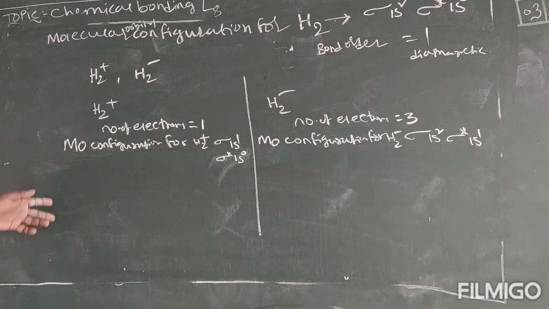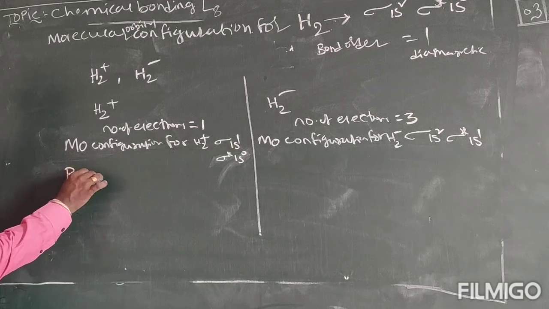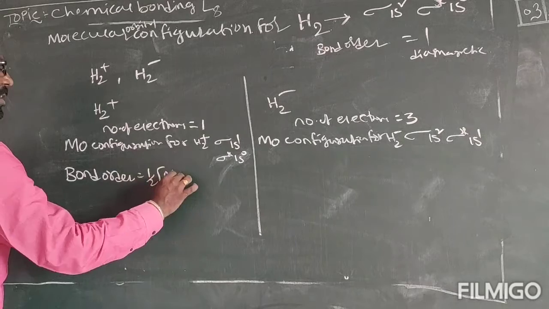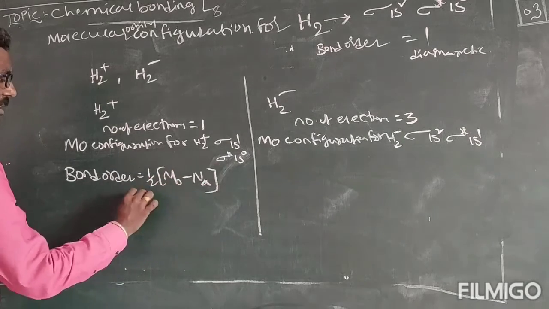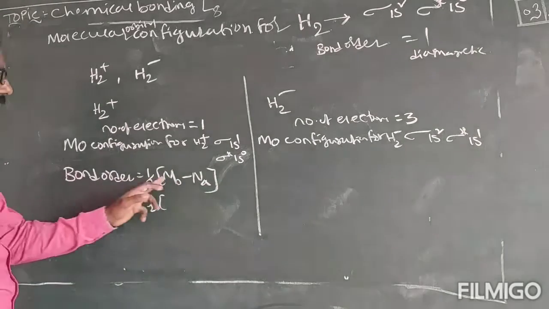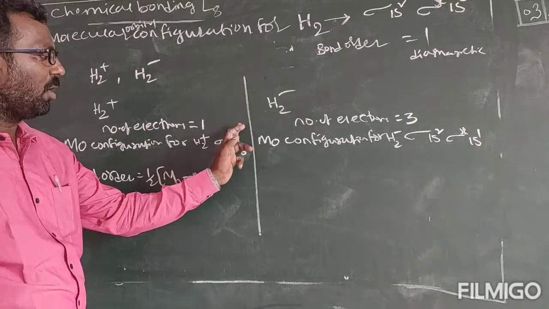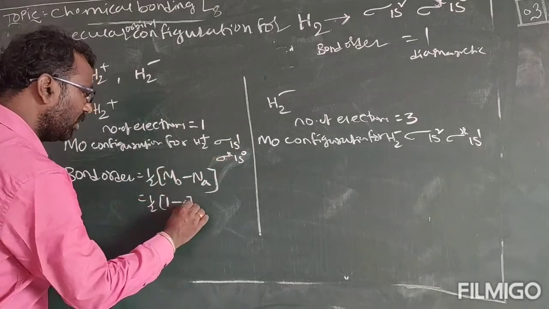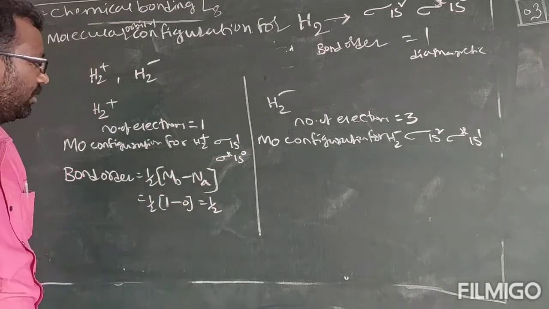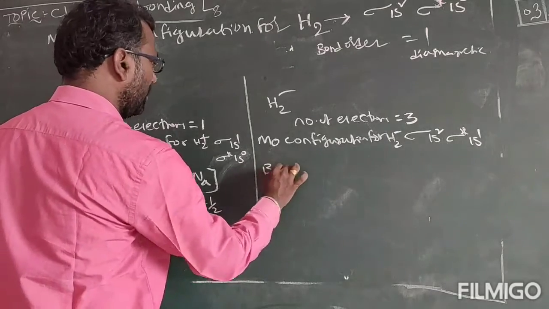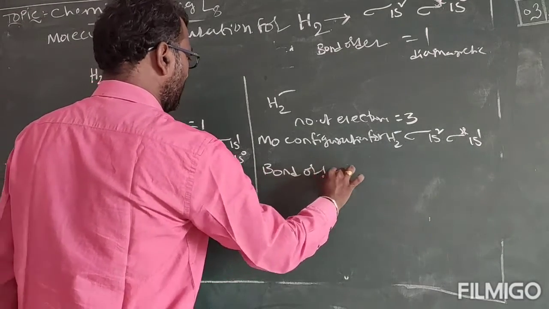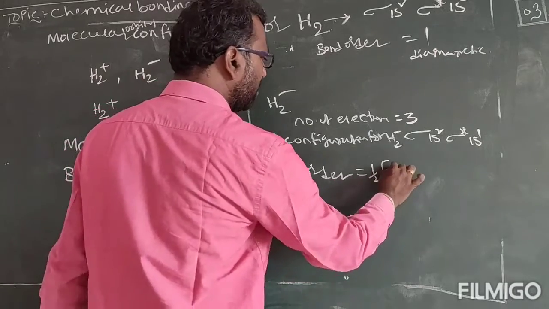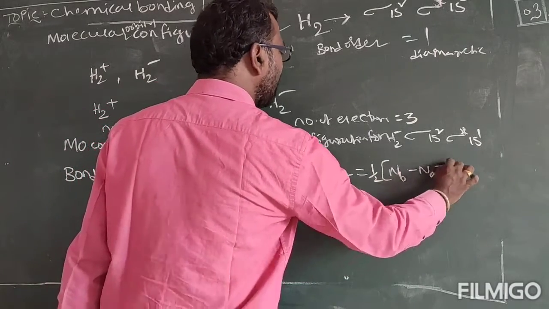Okay, now how to calculate the bond order? So bond order is what? Half into Nb minus Na. Here half into Nb, how many electrons in bonding? 1, minus anti-bonding 0. So it is half. Here also bond order is half into Nb minus Na.